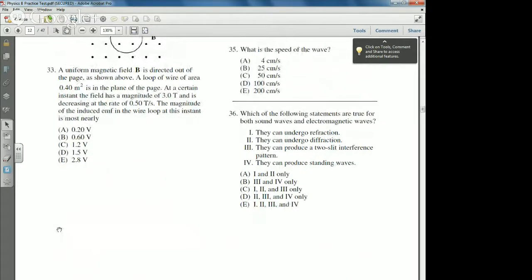What's true for both sound waves and electromagnetic waves? The answer is everything. They're both waves. The main difference between sound waves and electromagnetic waves is that one is longitudinal, one is transverse. I'll write this down for you guys, actually.